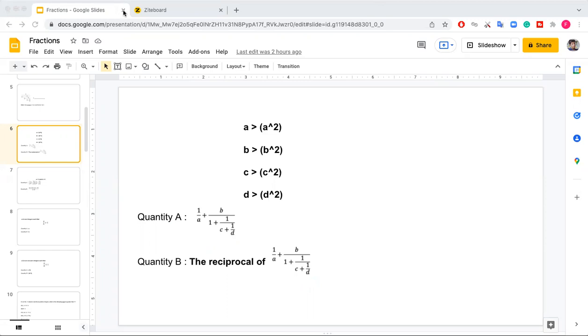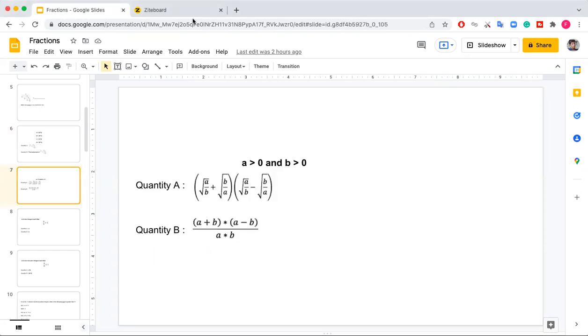Okay. Again, a very simple question. Just quickly solve this. You have just 30 seconds for this question.